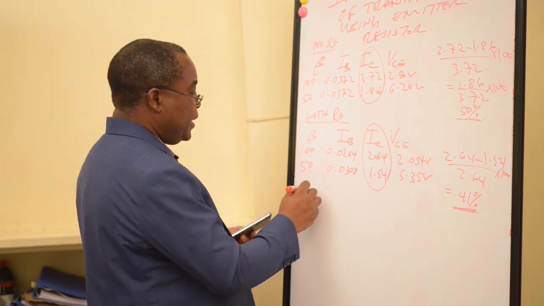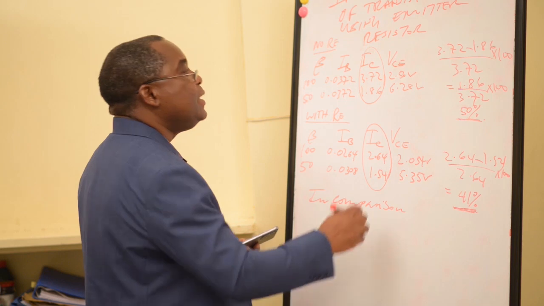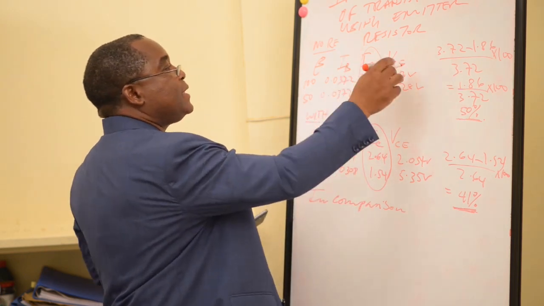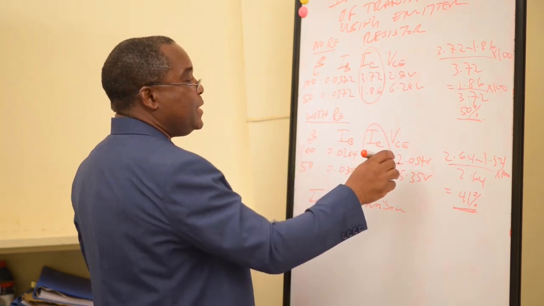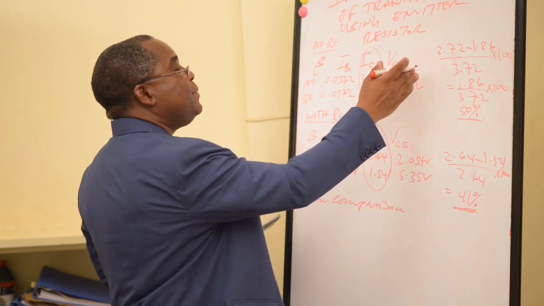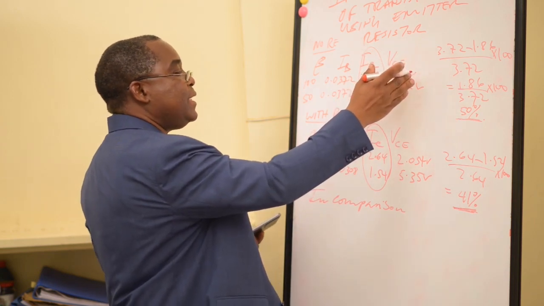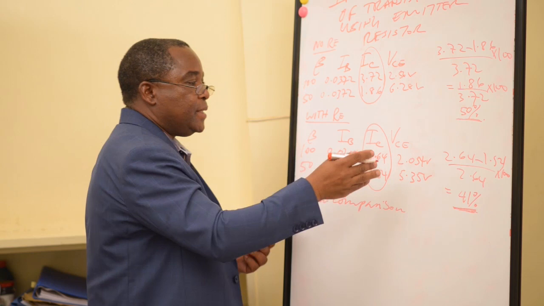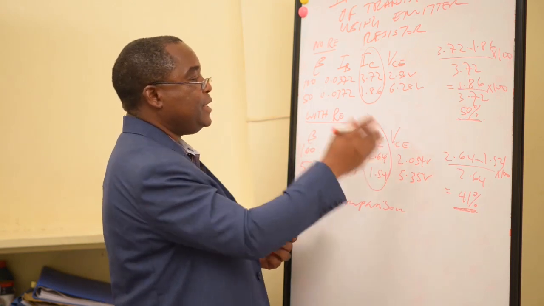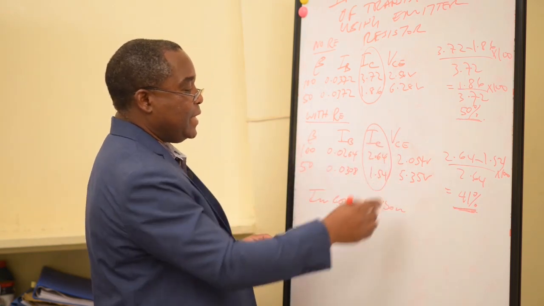So in comparison, the same applies to collector emitter voltage at no resistor at emitter, and collector emitter voltage with the emitter resistor.